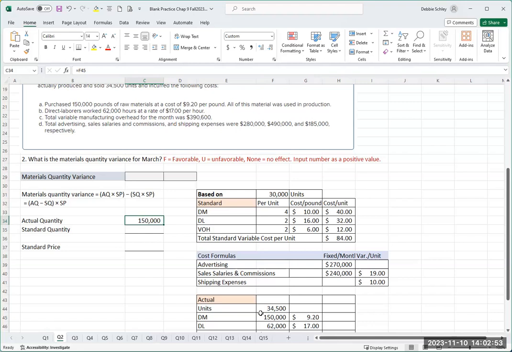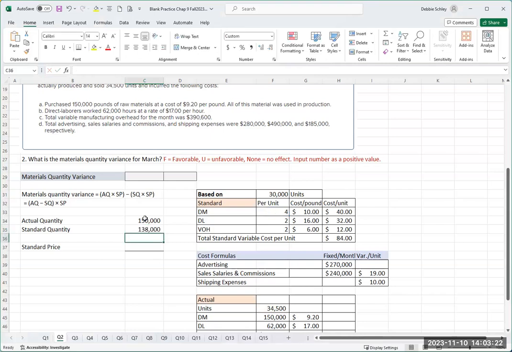So I'm doing the AQ minus SQ times SP. So I'm doing the shortened version. So I'm still dealing with pounds right here. So the standard quantity of pounds is going to be the 4 pounds per unit, sorry, times the number of units.